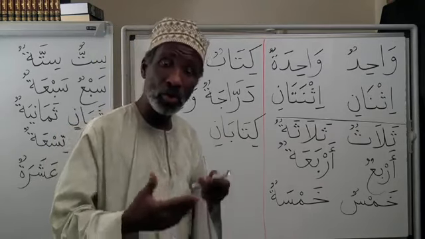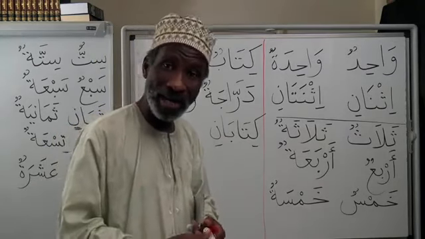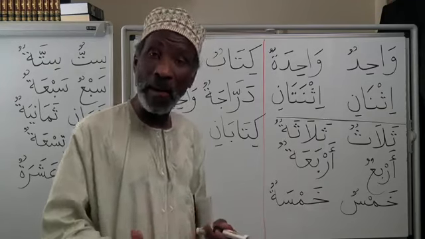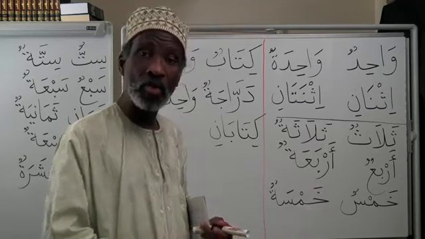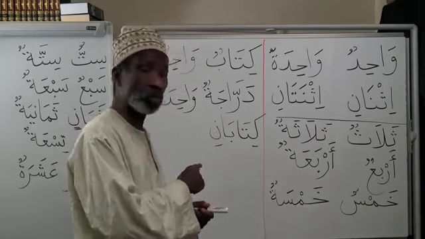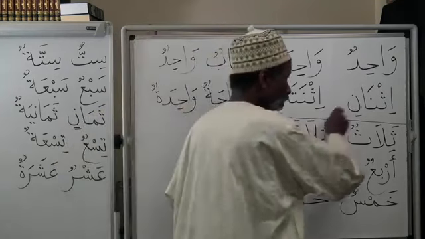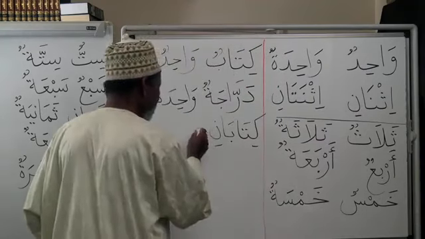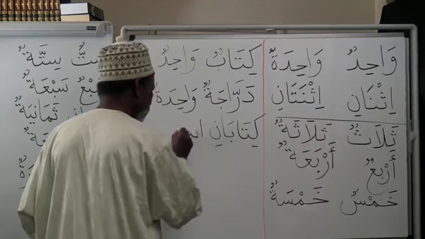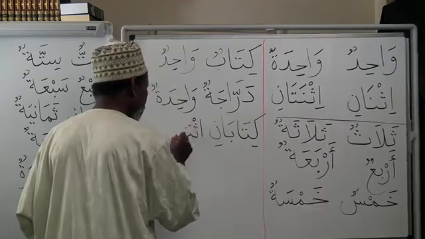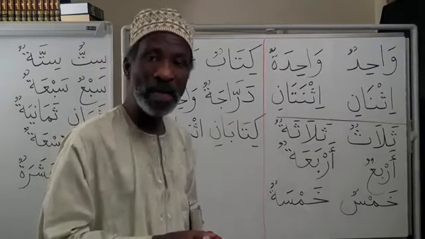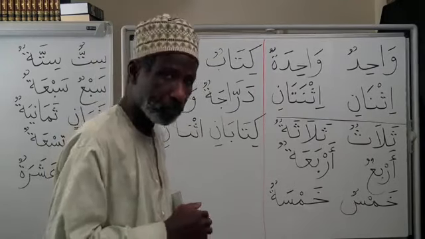But if you want to mention number 2, like a reinforcement, emphasis, adjective, you say kitabani, and then you make number 2. This is masculine. You say kitabani ithnani. Note that we're using masculine with masculine.